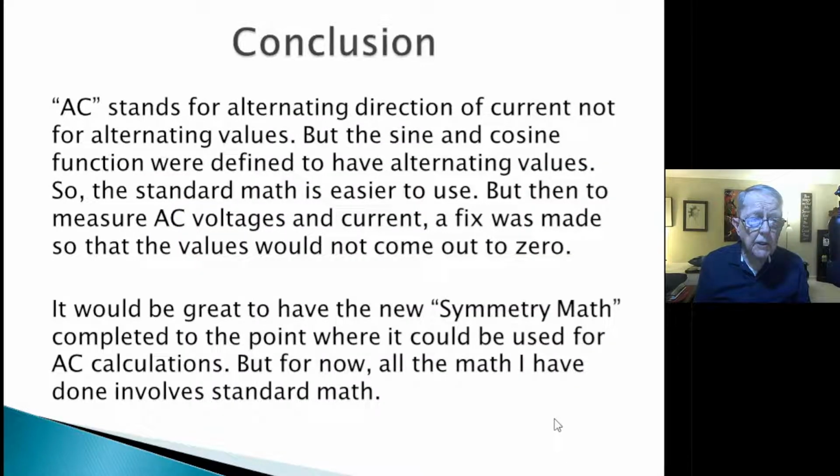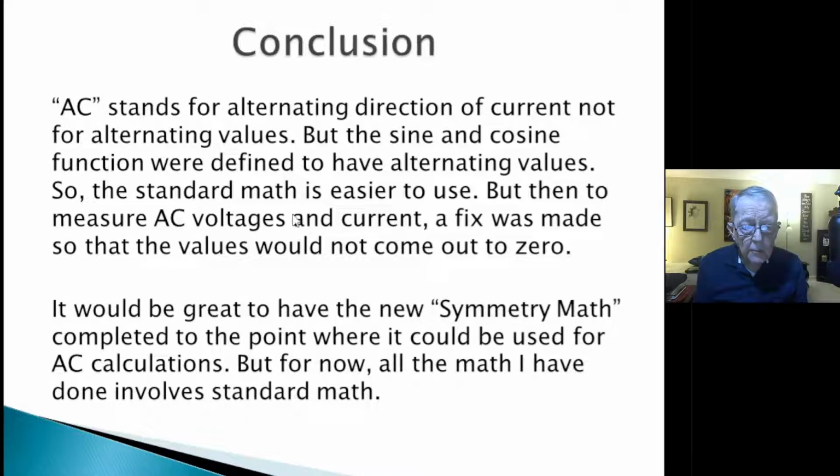So, conclusion: the AC in AC signals, AC power, whatever, stands for alternating direction of current, not alternating values. But the sine and cosine functions were defined to have alternating values, and science likes to use those values.